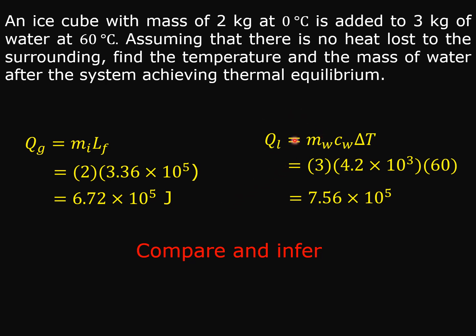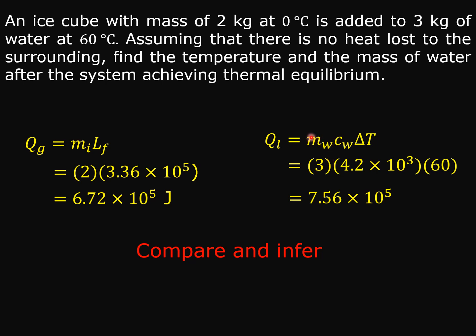And the heat lost by the water, initially at 60 degrees C and now dropping to 0 degrees C, we can find using this formula, Mw Cw delta T, where the subscript w denotes the water.